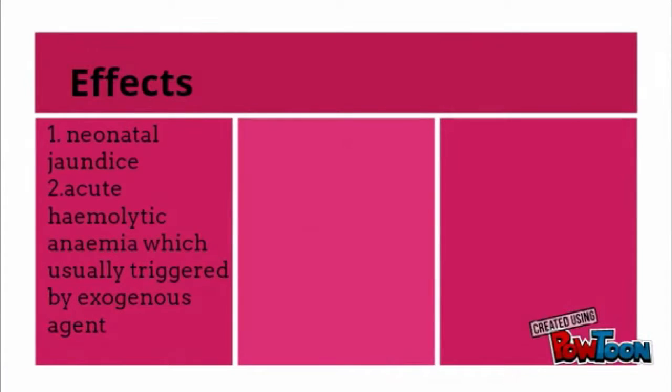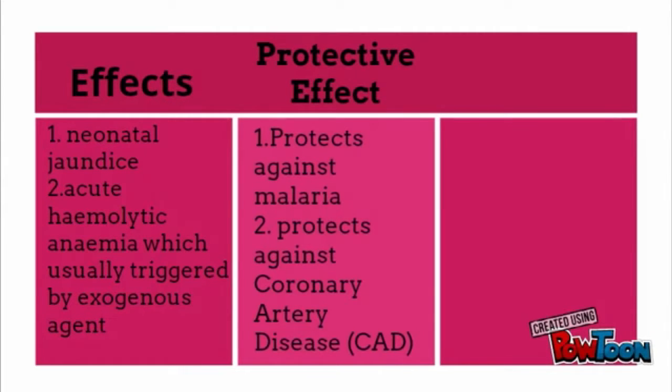The most frequent clinical manifestations of G6PD deficiency are neonatal jaundice and acute hemolytic anemia, which is usually triggered by an exogenous agent. However, G6PD deficiency also has protective effects in our body.